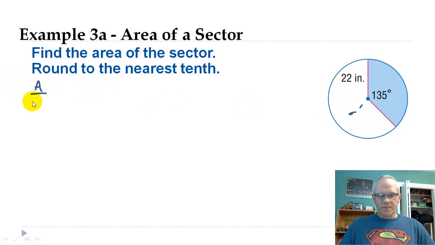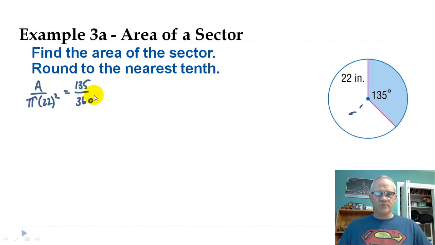The area is pi r squared, and it told us r is 22. So the area of what we're trying to find over pi times 22 squared would equal the degrees of our sector, 135, over 360, the total number of degrees.